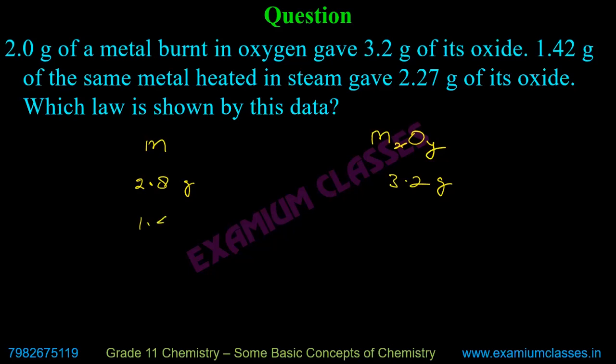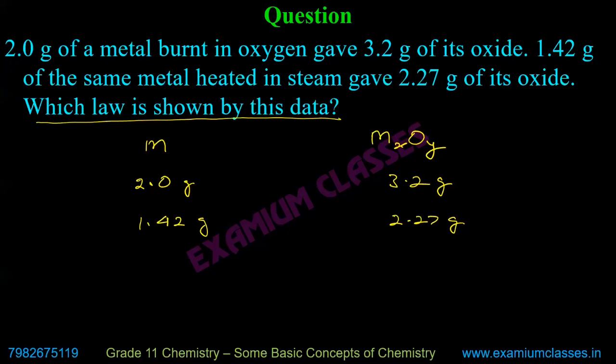If you have 1.42 grams of the same metal, you get 2.27 grams of metal oxide. The question is, which law is shown by this data?